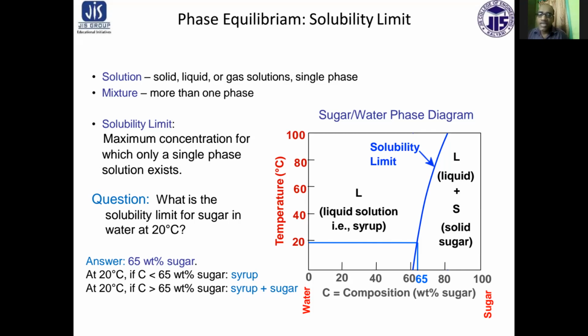And at 20 degrees centigrade, if the concentration of sugar is more than 65% weight of sugar, that will be the syrup plus sugar, where the sugar is not soluble fully at that percentage.